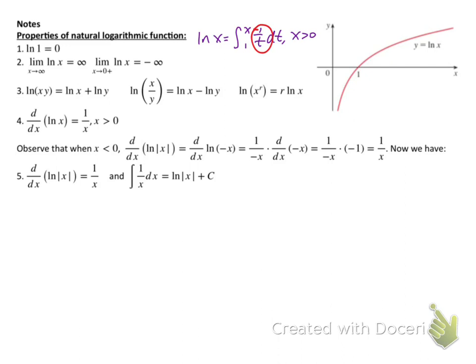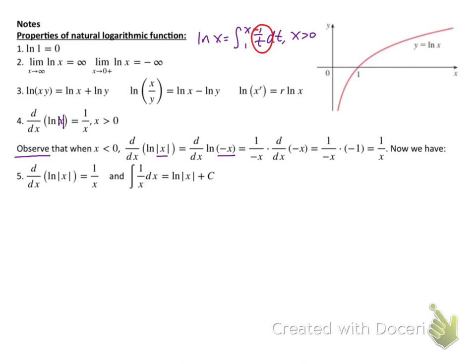But here, what I want you to observe is the case when x is negative, and we put absolute value here. When x is positive, ln of the absolute value is just ln x, so we don't need to worry about that. When x is negative, we can take ln of the absolute value of x, which is ln of negative x, because for x less than 0, the absolute value of x equals negative x.